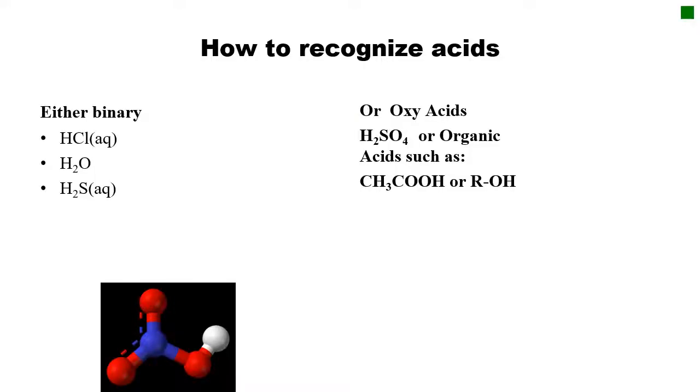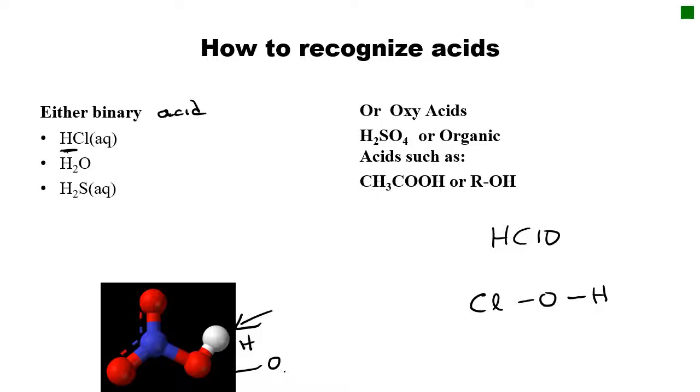All right, for our Bronsted-Lowry acids, our acids are going to be able to donate an H plus. So again, we're going to look for this H plus that can be donated. We're either going to have binary acids, where this H in front can be donated. We're going to have our oxy acids, and remember with our oxy acids, the hydrogen is attached to an oxygen, and we have some non-oxygen element in the middle, and this could be something like phosphoric, or even HClO, which would be a chlorine attached to an oxygen with a hydrogen, and this is the hydrogen that is going to be donated.